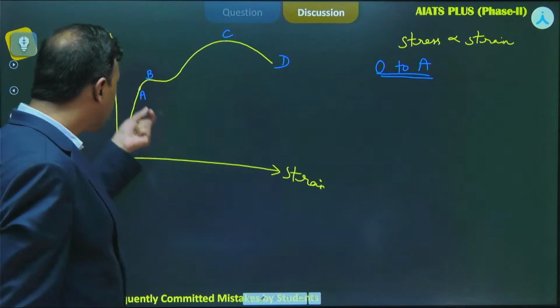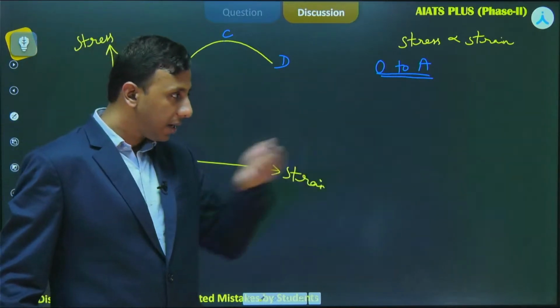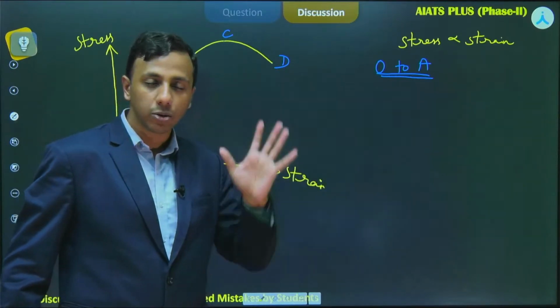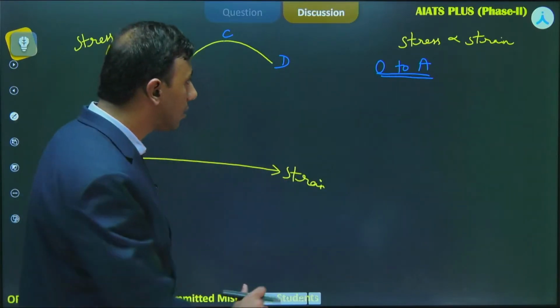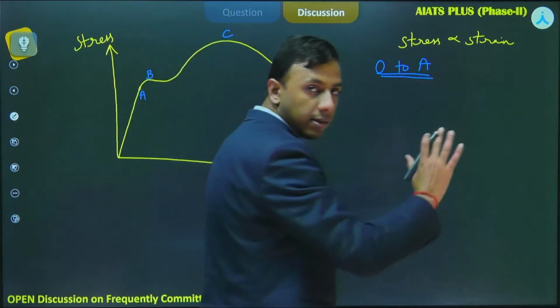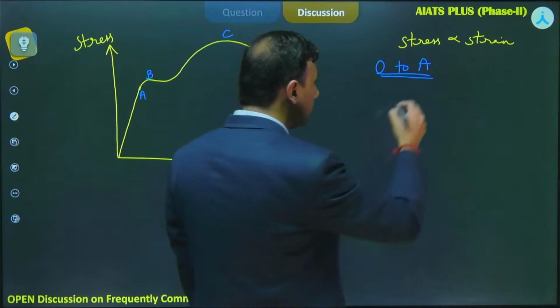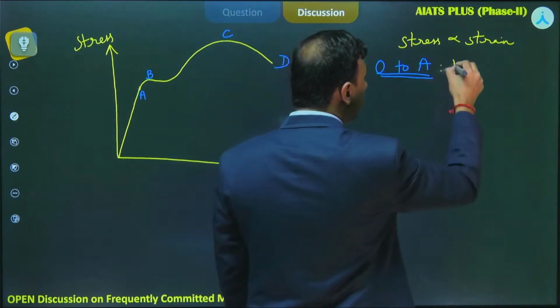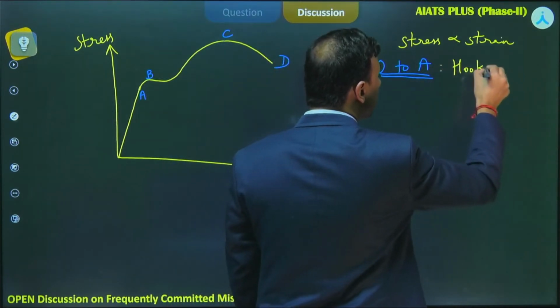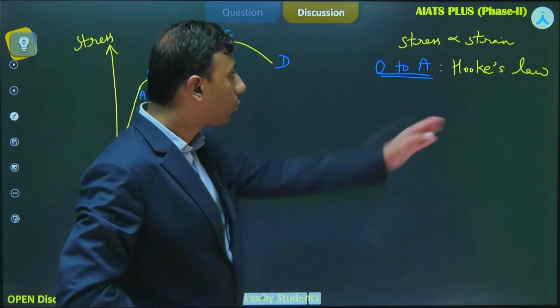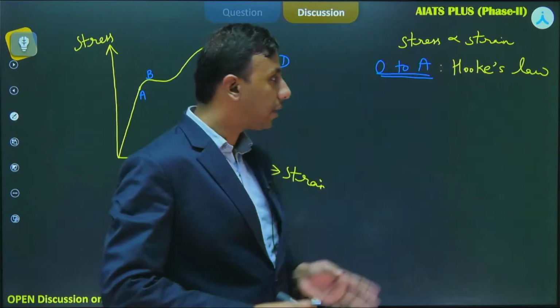What that means is if I remove the stress, if I remove the force from the elongated rod, it will go back to its original dimension. So complete elasticity is there. Elastic behavior is observed. And this region is where Hooke's law is valid. And what is Hooke's law? Stress is proportional to strain.